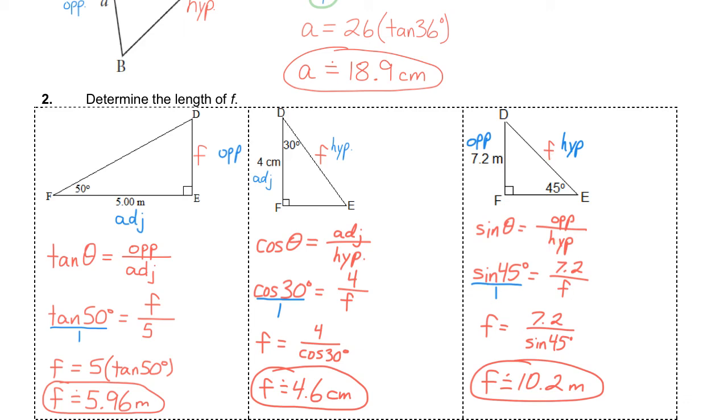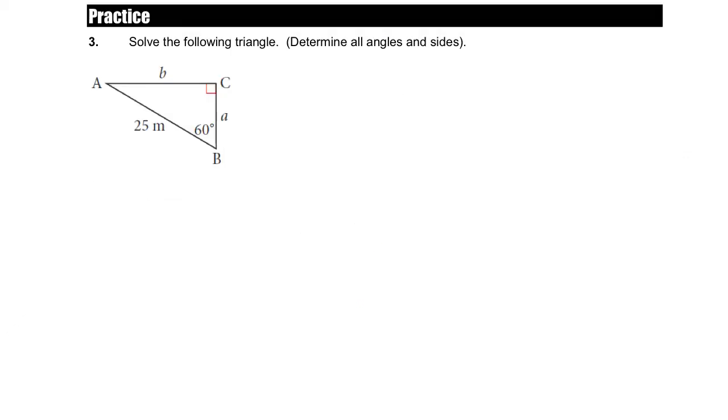Fraction over 1, to solve for f, cross multiply 7.2 times 1, that's just 7.2, divide by sine 45, I get 10.2. So if you have any questions about that, you need to ask. Let me help you, and I'll do my best to help. Otherwise, move on, flip the page over.